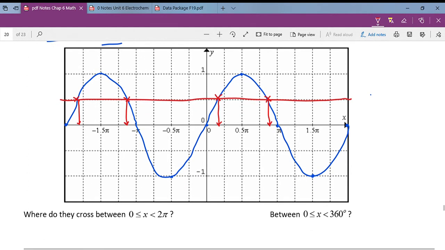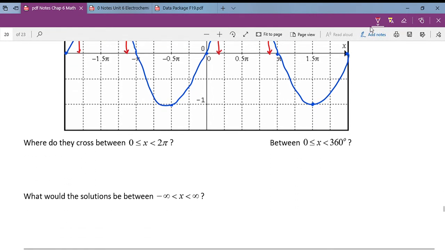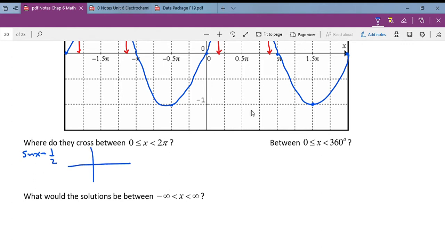Well, let's start off solving them between 0 and 2 pi, or between 0 and 360 degrees. So if I was trying to solve where does sine x equal a half, what I would start off with is my special triangle. I'm looking for it being positive, so I'm going to look in the first quadrant.